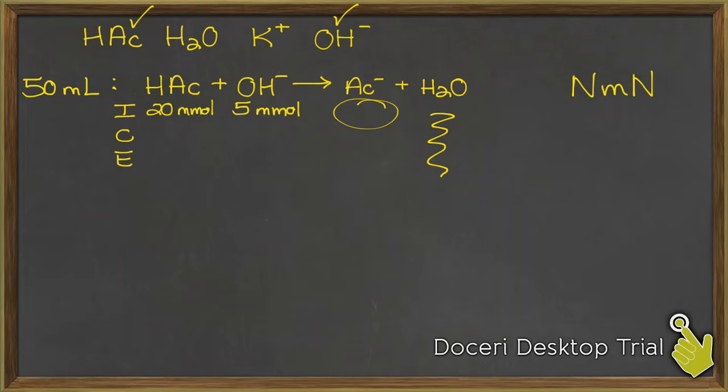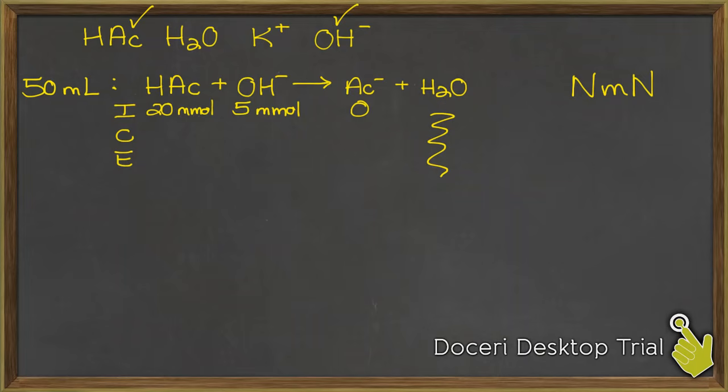The answer is no, it's not. Since it's not in my list of major species, that means initially there is none of it. Whereas look at our reactants, HAC and OH minus, those are in our list of major species, so there is a number there, here and here, because we have some initially present.